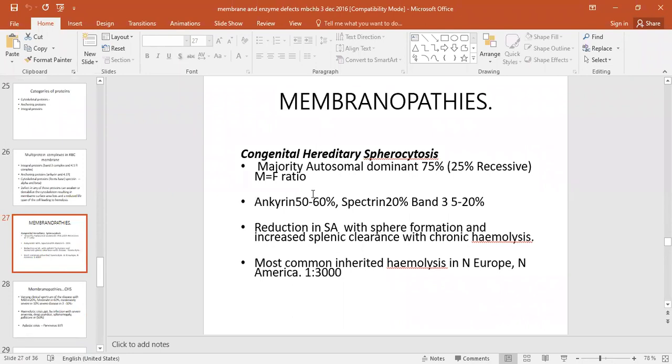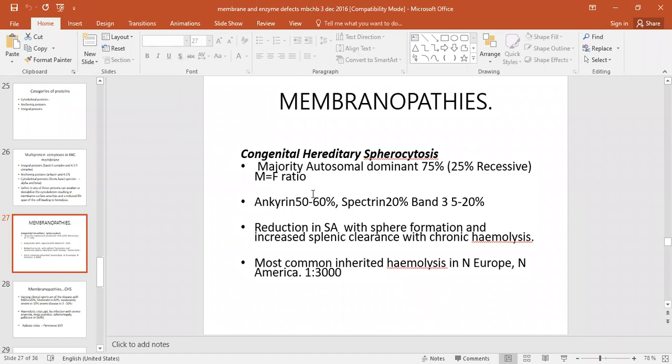What are some of the membrane-related disorders that we can talk about? The first is congenital hereditary spherocytosis, which majority of the times is autosomal dominant. So you just need one person to pass it on to the rest of the people. But there's also a 25% recessive outcome. So it's never 100% dominant.